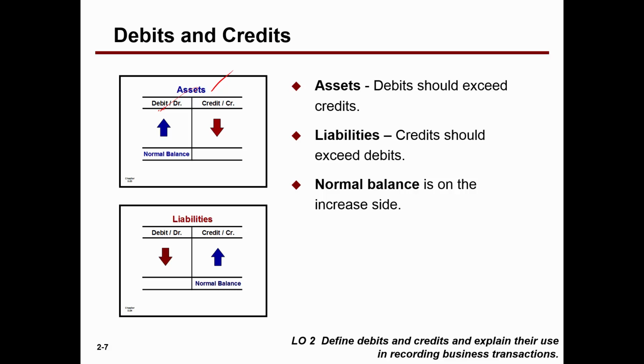Now, the reason why a lot of people think that debits mean decreasing, maybe the bank says, oh, we're going to debit your account. Well, what the bank is talking about is not your account. They're talking about their own account. To them, you are a liability because they owe you money.